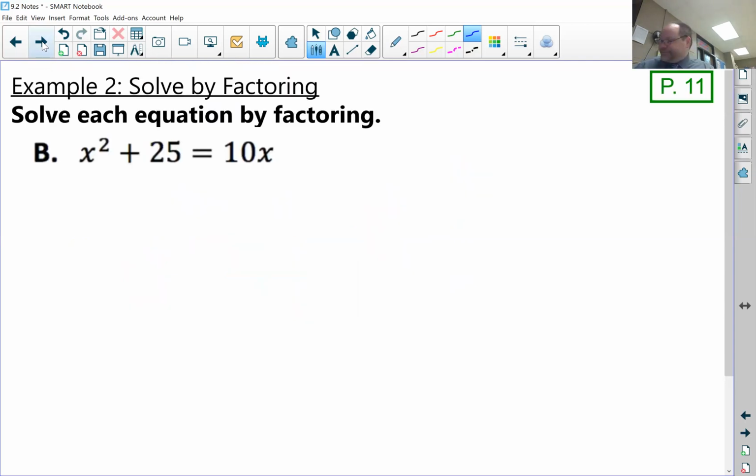Letter B, we have x squared plus 25 equals 10x. Again, first thing we want to do, get it in standard form so that it's equal to 0. So I'm going to subtract 10x from both sides.